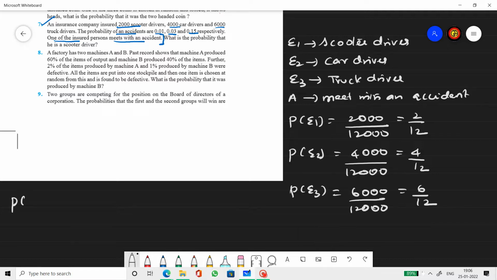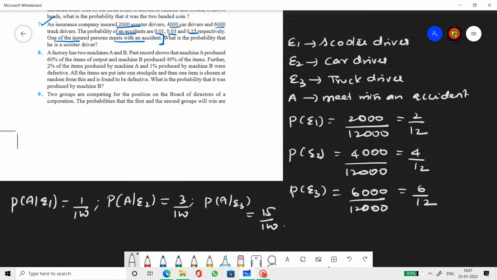Now P of A given E1, a scooter driver meeting with an accident, the data says it is 0.01, which is 1 by 100. P of A given E2, a car driver meeting with an accident, is 3 by 100. And P of A given E3, a truck driver meeting with an accident, is 15 by 100. So these are the events.